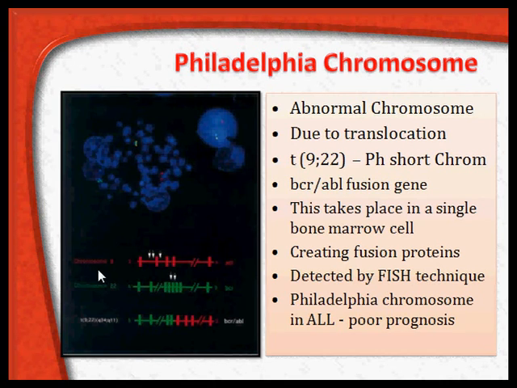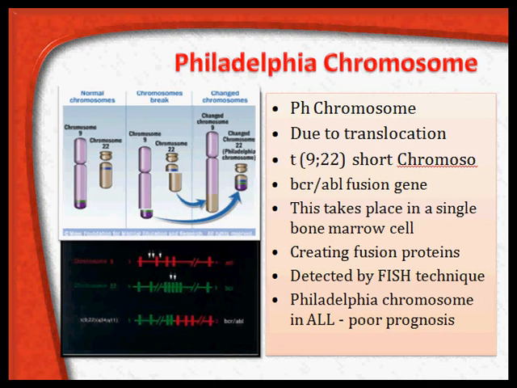This is the chromosome 9 and this is the chromosome 22, and this part of chromosome 9 is truncated and is attached to this part of the chromosome 22, and the BCR-ABL fusion gene occurs, and that is the Philadelphia chromosome. If the Philadelphia chromosome occurs in acute lymphatic leukemia, it suggests poor prognosis.